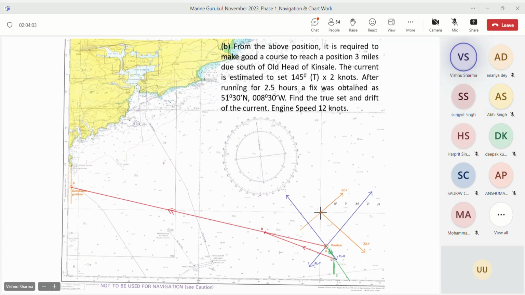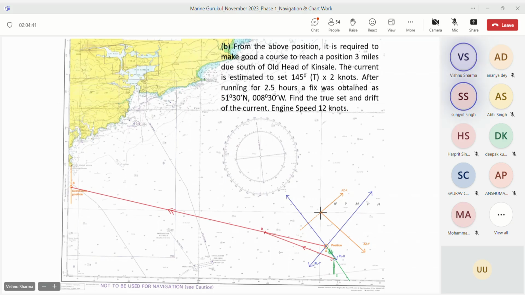So that means, based on the best information that you had, the master decided to sail on a course of C to D. Whatever is the direction there, that is the course he sets, and he hopes that he'll be on the CMG line, but he'll be on the CMG line only if the estimated current is correct. If the estimated current is not correct, then he's obviously going to be off track. Yes or no, beta?